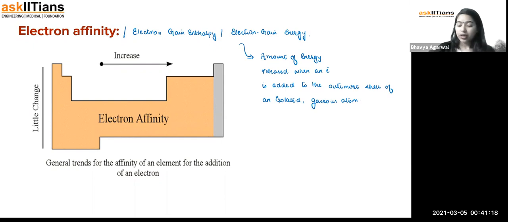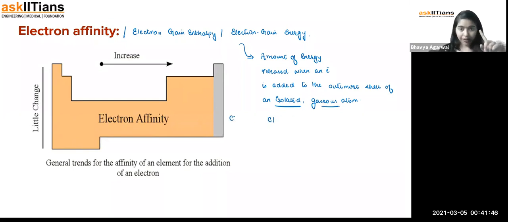Now, in which sort of element can the electron be added? The electron can be added exclusively in an isolated gaseous atom. Suppose I talk about chlorine.